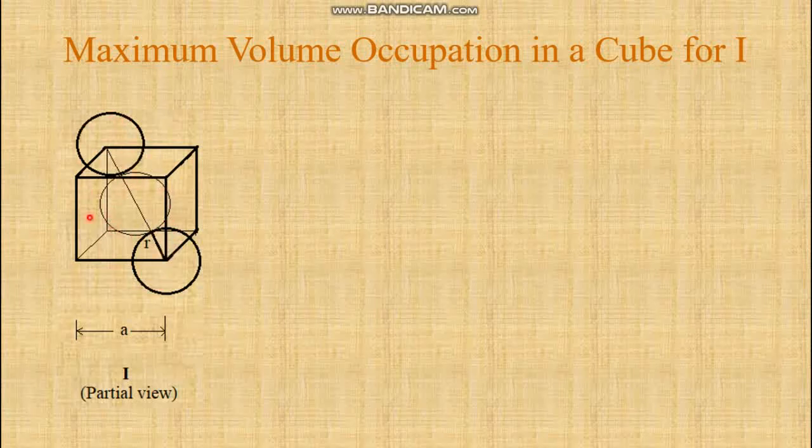Overall there are 8 vertices and 1 body center, so there are 9 lattice points, but we have to draw 3 lattice points which are in contact with each other along the volume diagonal of the cube. And this time this volume diagonal is a root 3. This a root 3 is actually 4r.